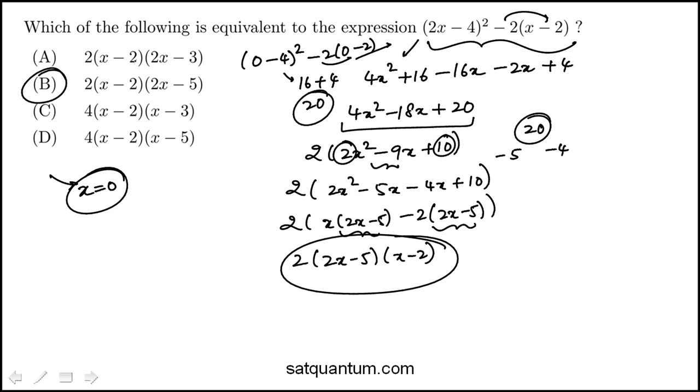Then you plug in x equal to 0 in all these choices and compute them. So again, this would be 6 times 2, 12. Okay, so that one is out. This one again would be 10 times 2, 20, which of course it should match because that is the correct answer. So we're looking for the answer that's going to give us 20. This is going to give us 24. Please check this on your own as well, and that's going to give us 40.